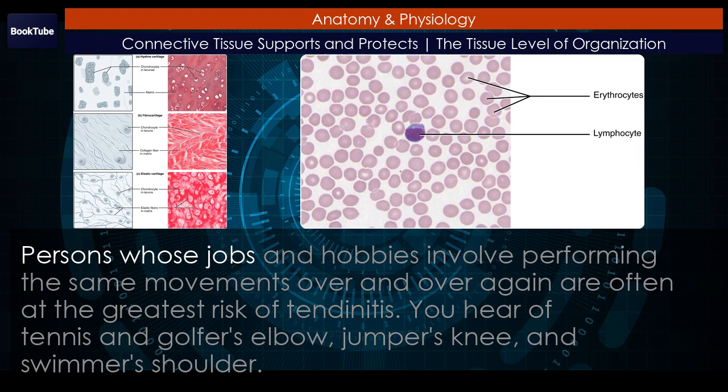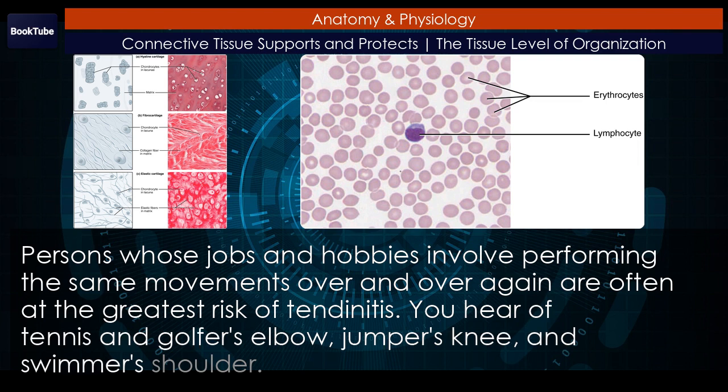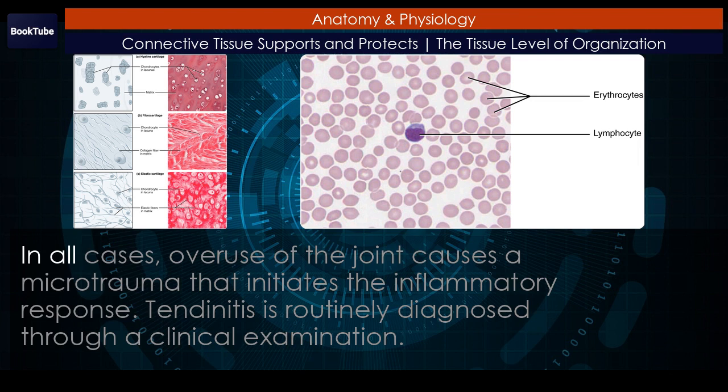Persons whose jobs and hobbies involve performing the same movements over and over again are often at the greatest risk of tendinitis. You hear of tennis and golfers' elbow, jumpers' knee, and swimmers' shoulder. In all cases, overuse of the joint causes a microtrauma that initiates the inflammatory response.